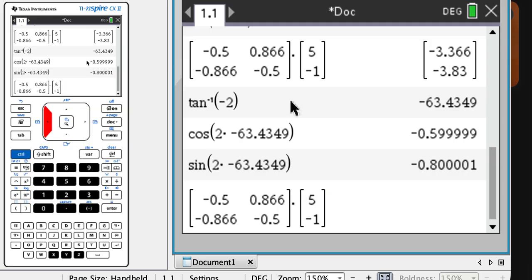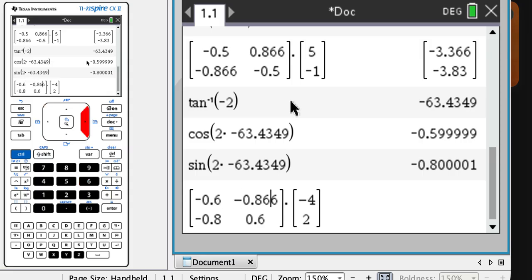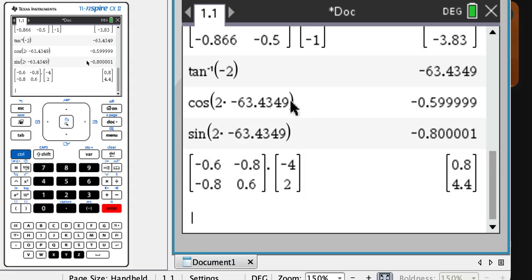This is the vector and this is the matrix, 0.6, negative 0.8, 0.6, negative 0.8. And so that is my resultant vector: 0.8, 4.4.